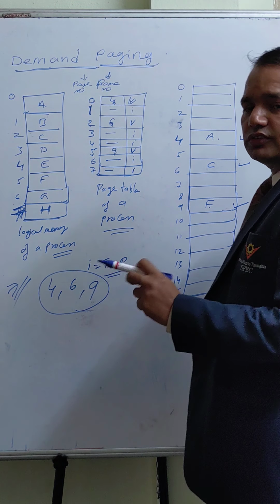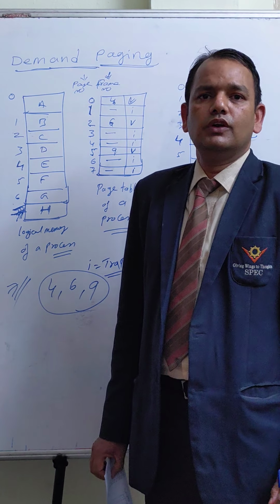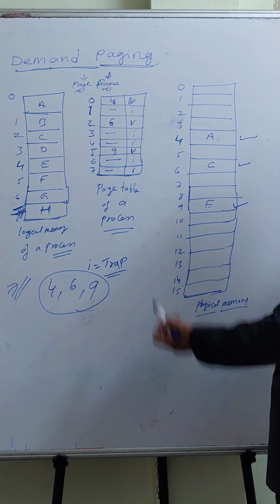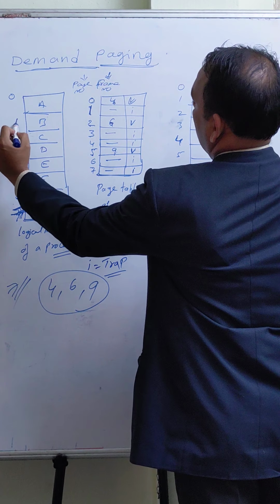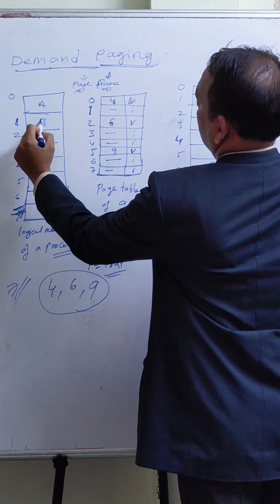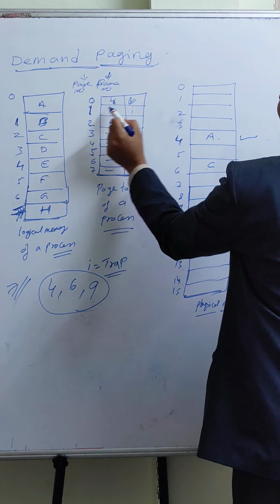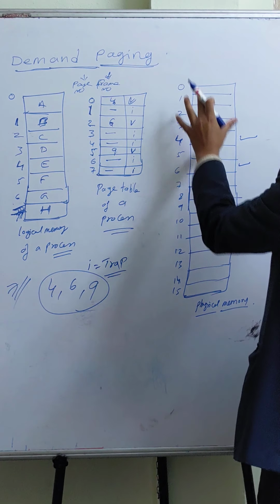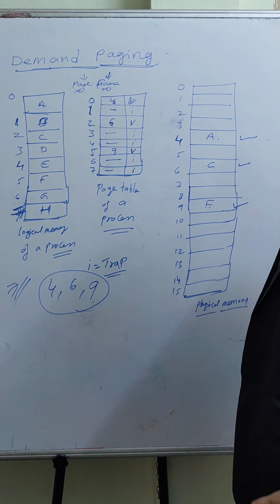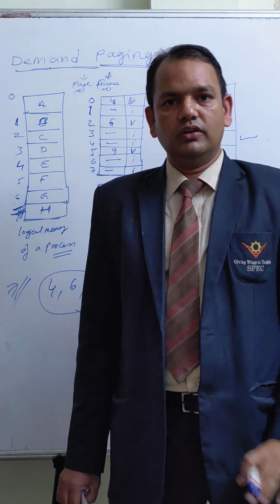Now my dear friends, if a process suddenly wants a page, for example page number 1, and page number 1 is not there in the physical memory, that is called a page fault.